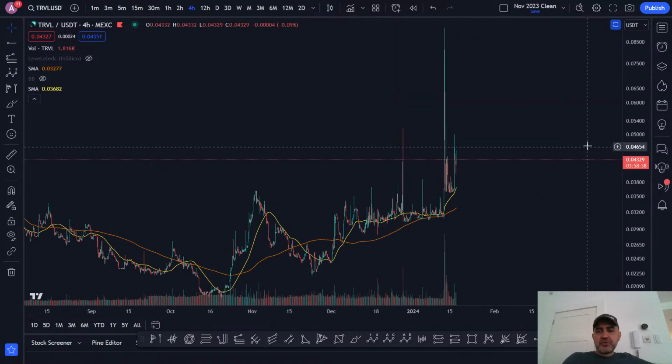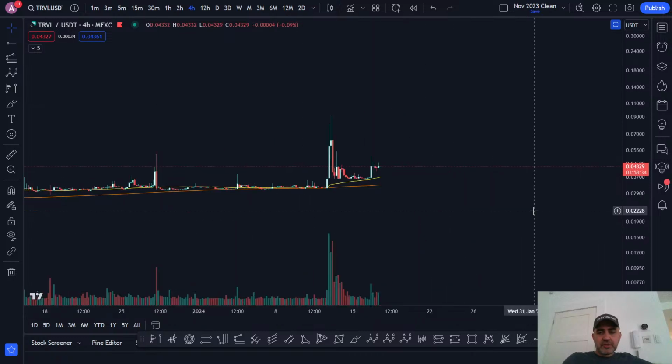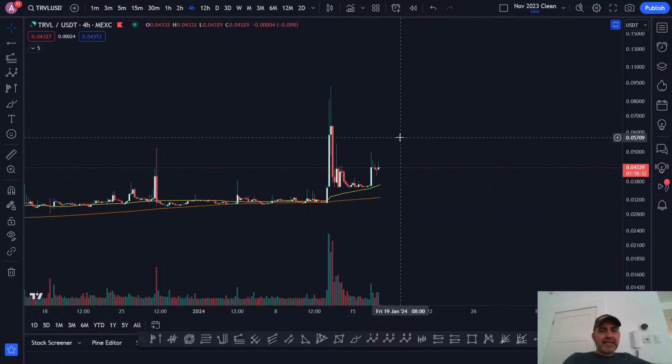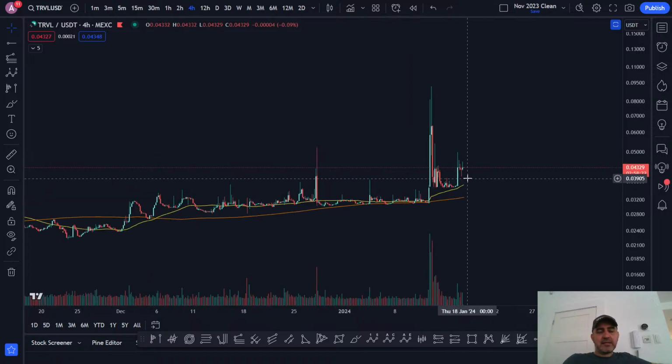What you could do is just wait for the price to come back to the 50 moving average. And it doesn't have to be the 50. A lot of people have their preferred moving average. It doesn't really matter.